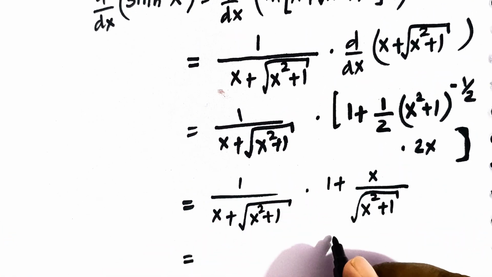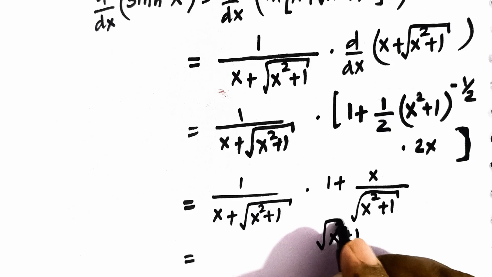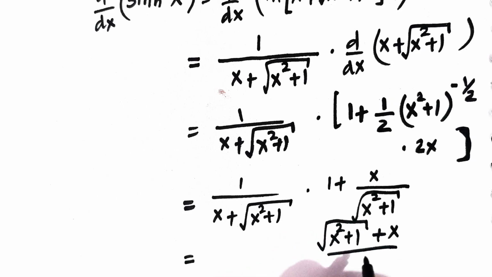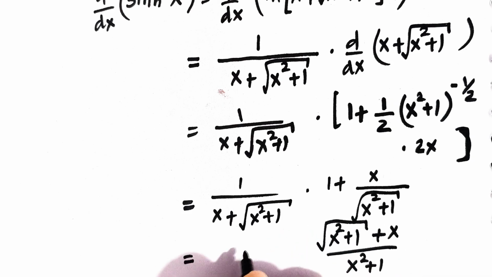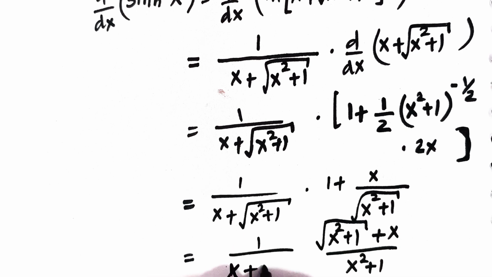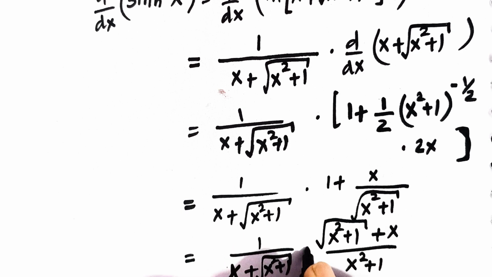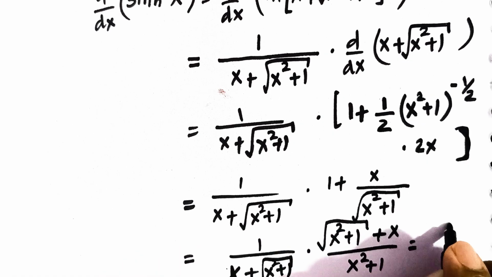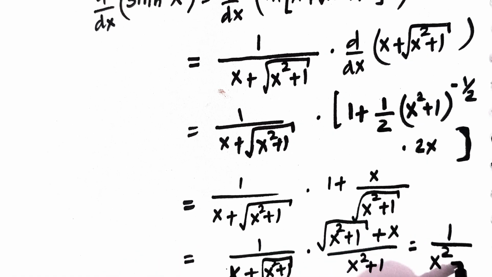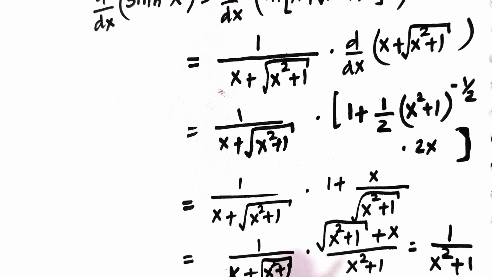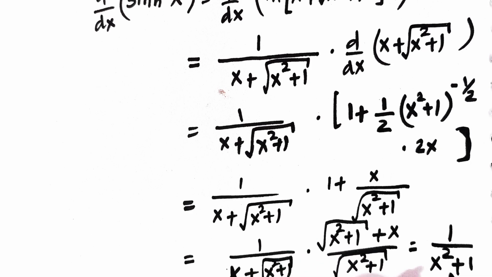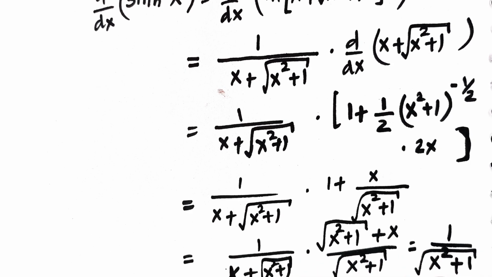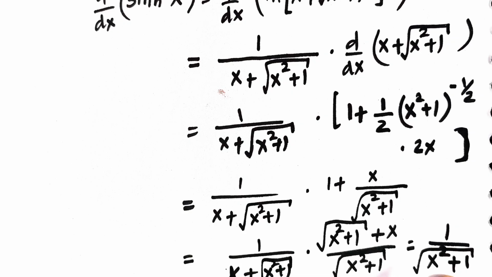This is just square root of x square plus 1 plus x divided by square root of x square plus 1. So 1 over x plus square root of x square plus 1, times this, and these two cancel, so we have 1 over the square root of x square plus 1. So this is our derivative of inverse hyperbolic sine.